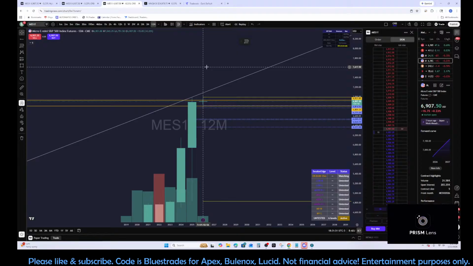They can't push prices higher if they have no, well, actually they do, but you need inventory to buy, right? You have buyers and you have sellers, but if there's no inventory to buy, what are you going to buy? You have to have inventory to buy.